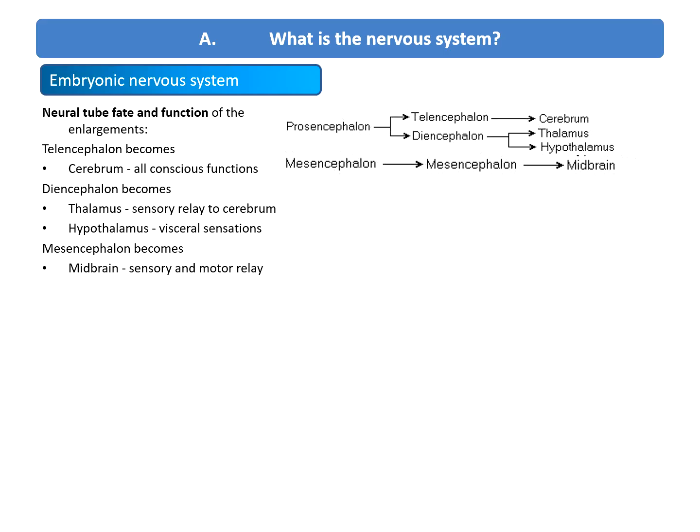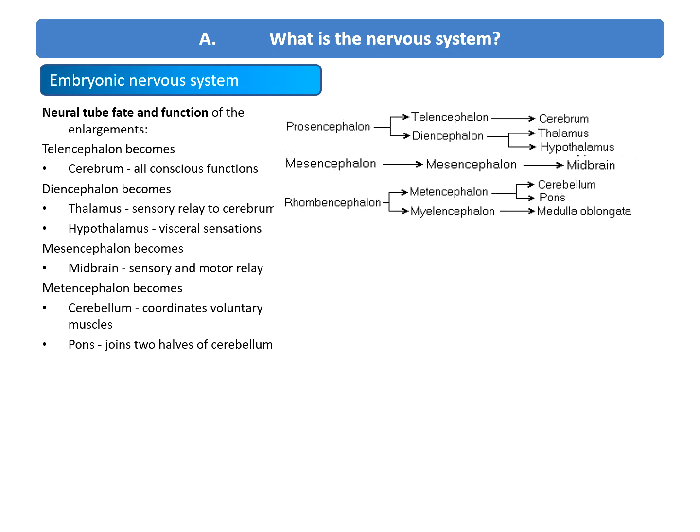The mesencephalon becomes the midbrain. It's difficult to state one generalized function, so we'll just say for now that it acts as a sensory and motor relay. The metencephalon, on the other hand, becomes the cerebellum. Its major function is to coordinate voluntary muscles, and the pons joins the 2 halves of the cerebellum. The myelencephalon, finally, becomes the medulla oblongata.